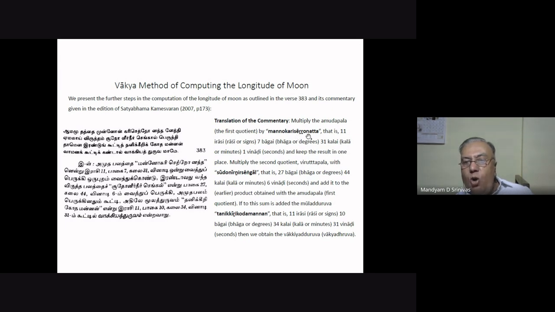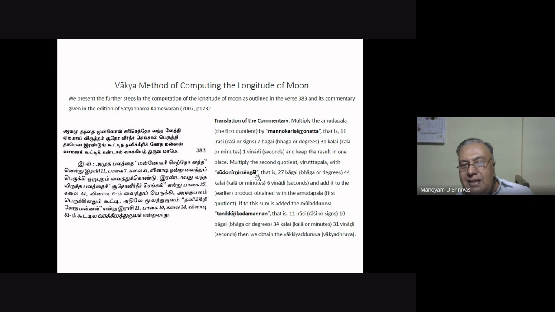Then setro: A is a, I, u, a, that is 7. O is 0. So 0, 7 bhaga. Natta, that is a, that is 11. And so many rashi, bhaga, kalai and vinadi are all there in this verse and in this commentary.